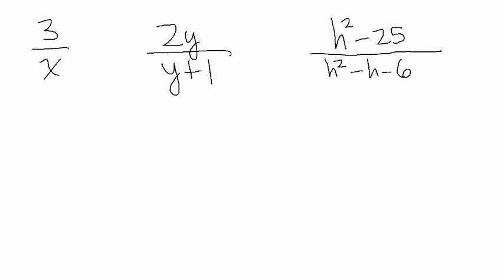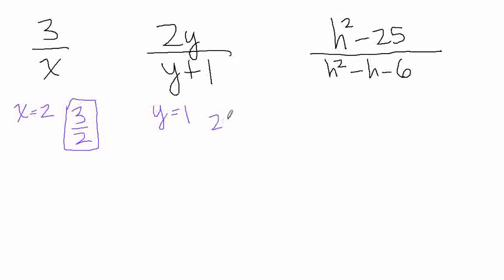Okay? So suppose for the first example we replaced x with 2. Okay, then that rational expression we would say it evaluates to 3/2. Okay? Now, in the second example, suppose I said that y was equal to 1.